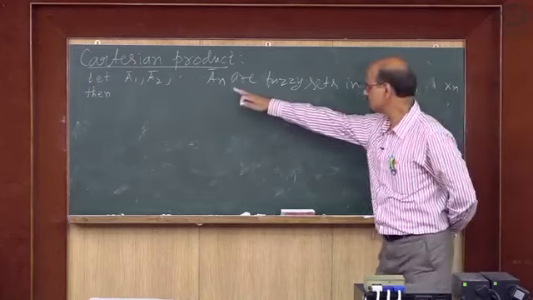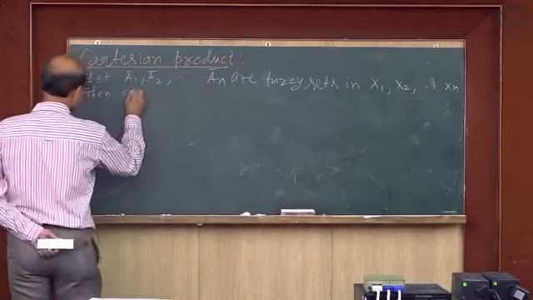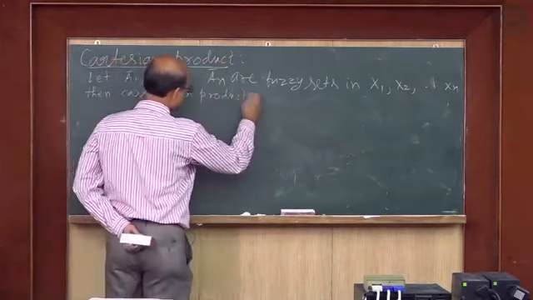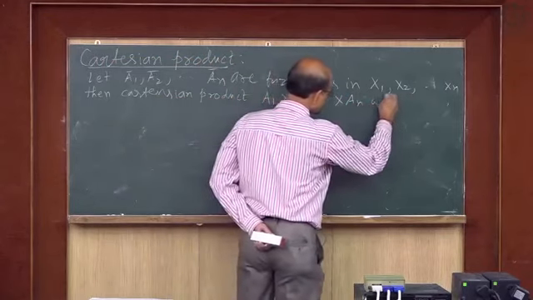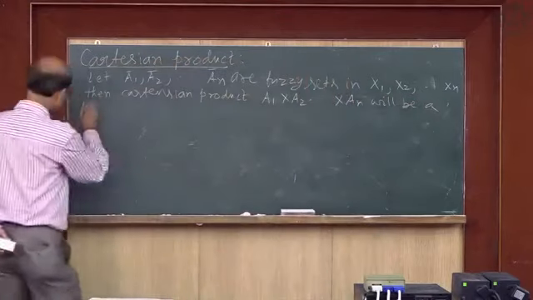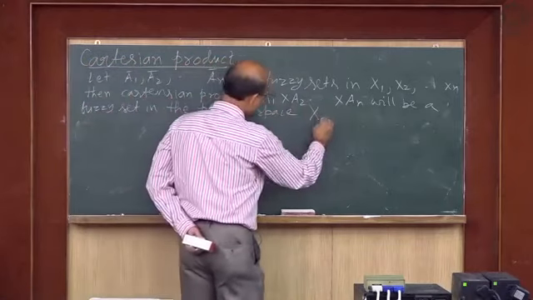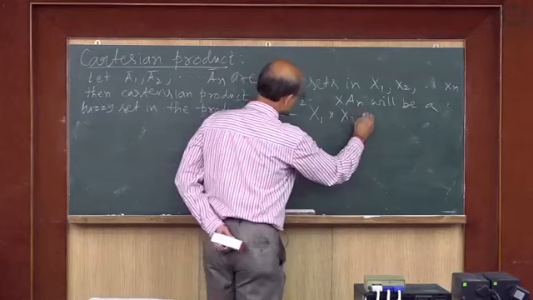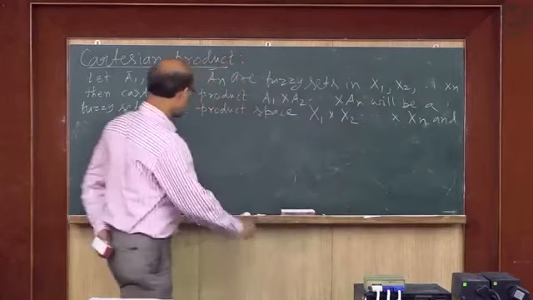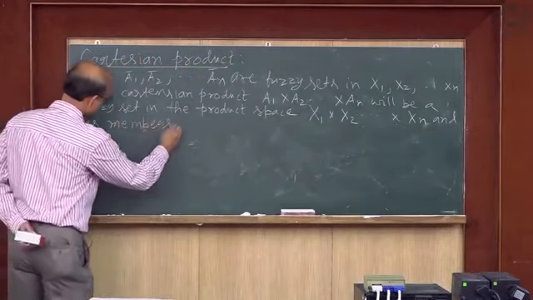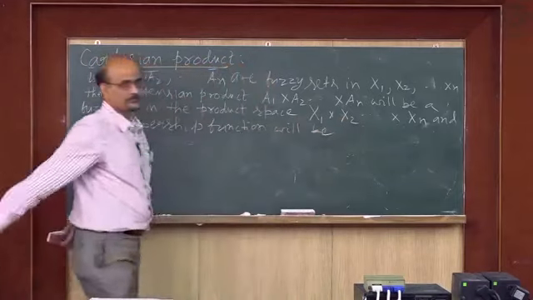Okay? So let these be fuzzy sets, then the Cartesian product a1 cross a2 cross an will be a fuzzy set in the product space x1 cross x2 cross xn, and its membership function will be what?